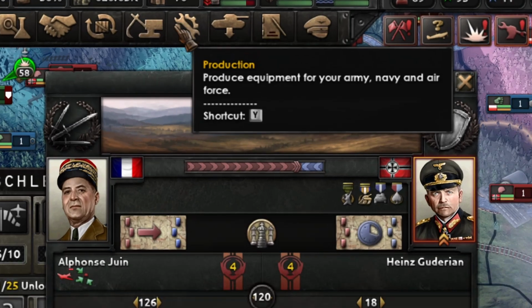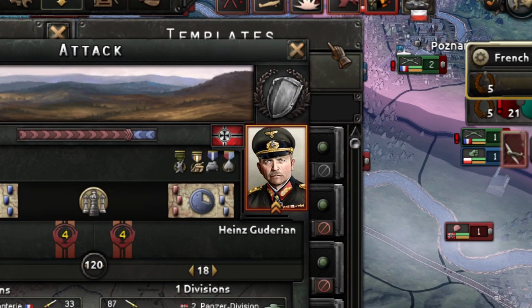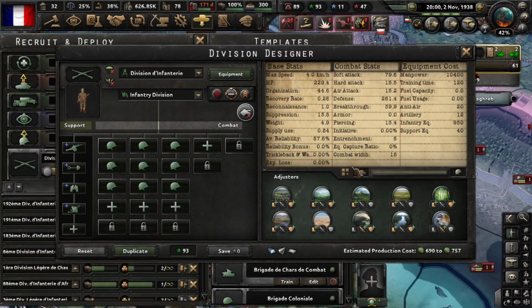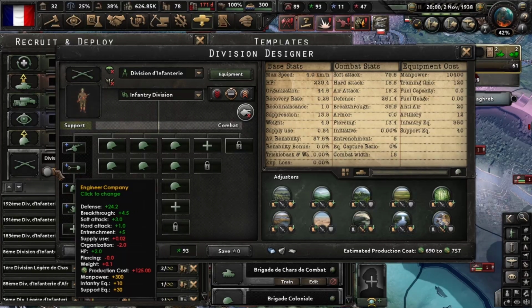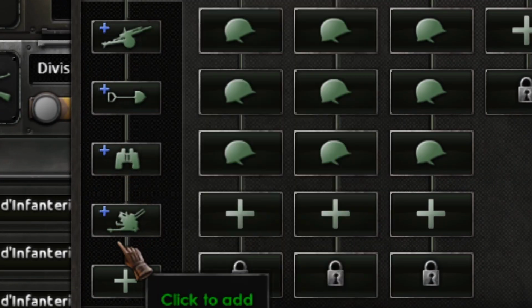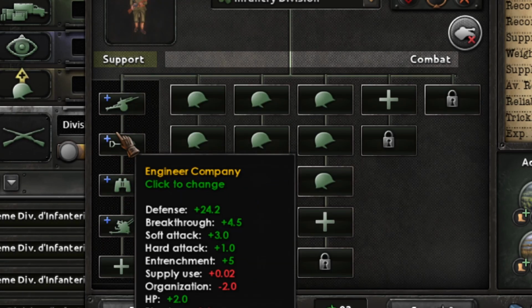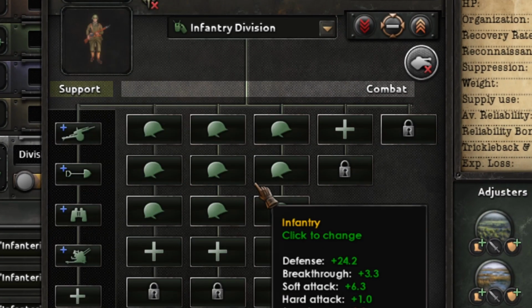Also, when you design a unit, check here, each unit has a combat width, and if the unit is bigger, the combat width will increase. As you add more battalions, you will see that the combat width will start expanding. One exception are the companies that are on the left. They do not use combat width, so it's important to add as many of them as you can, since you are adding more firepower in less combat width.